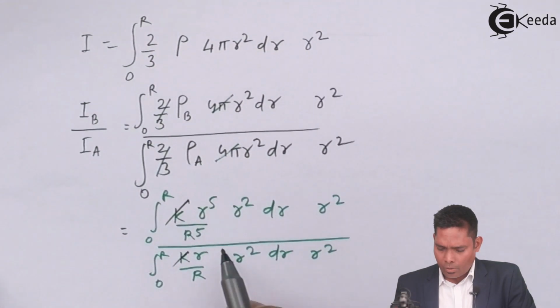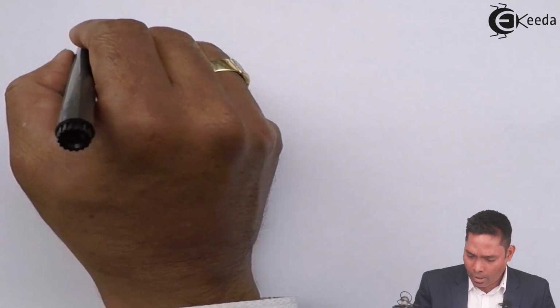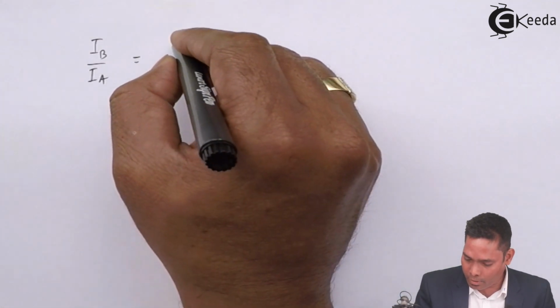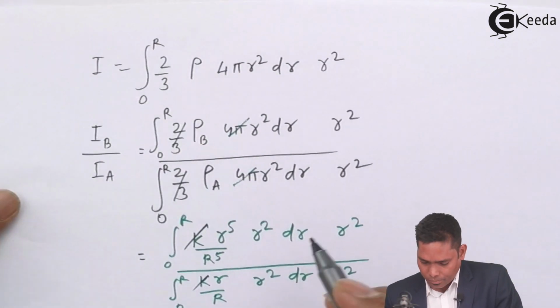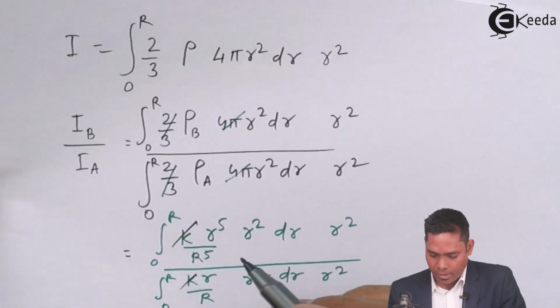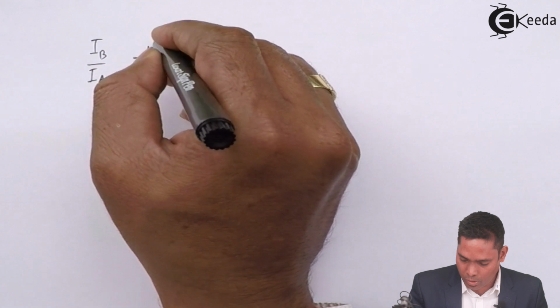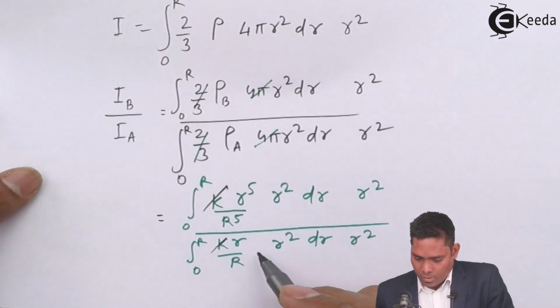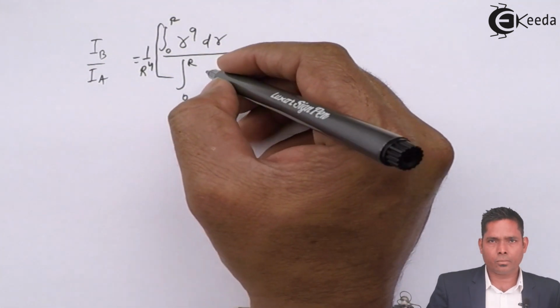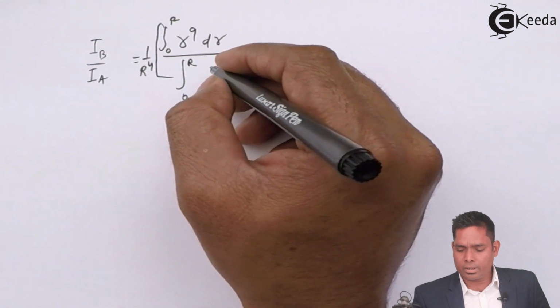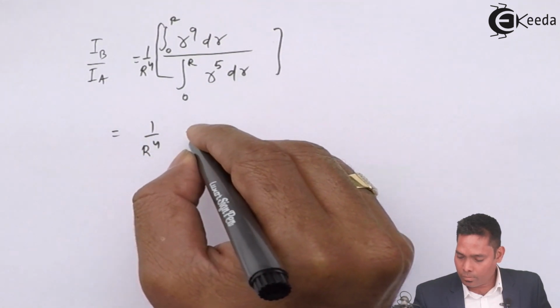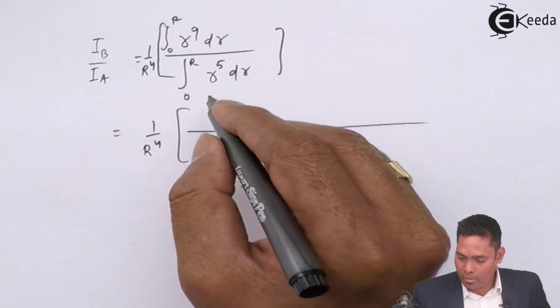Now from here we again write that IB over IA is, this is r raised to 2 plus 2 plus 5, that is r raised to 9 dr, integration 0 to R, with 1 by R to the power 5, and ultimately 1 upon R to the power 4 outside, divided by integration 0 to R of r raised to 5 dr. If I solve this, then 1 by R to the power 4, here it will be r raised to 10 by 10.